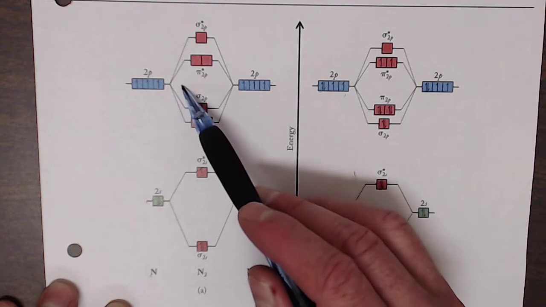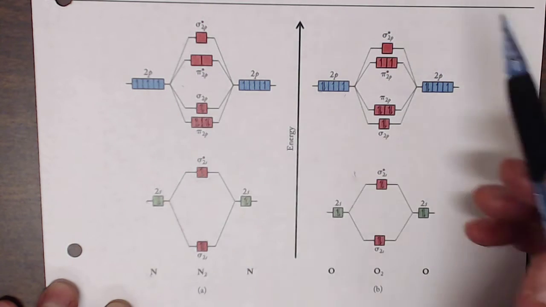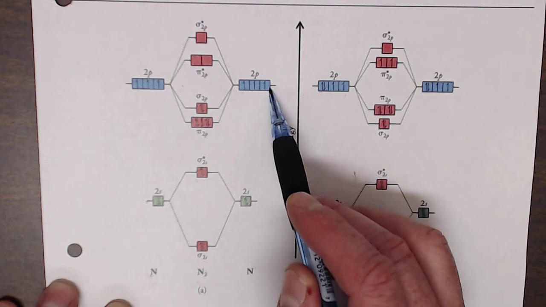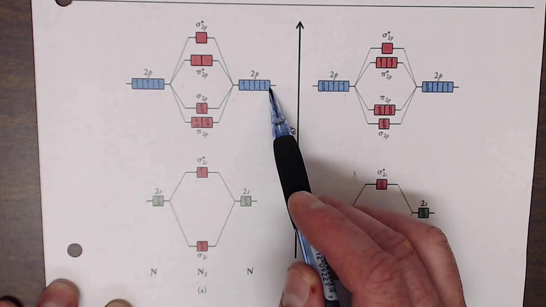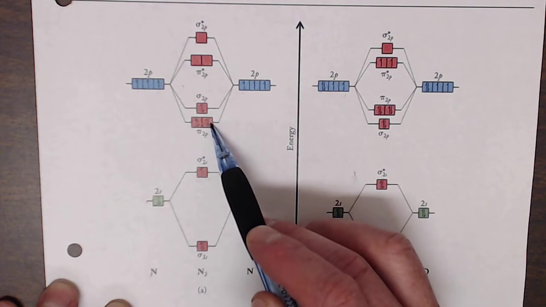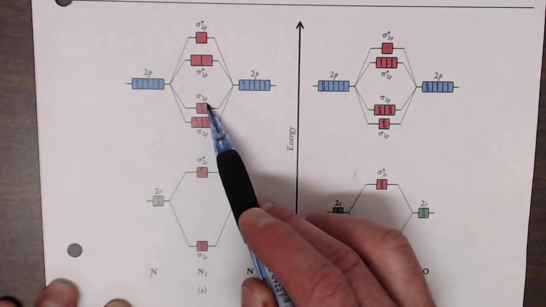So these are all filled up and don't contribute to bonding. But now if I look at what's going on over here at the 2p level, I have 1, 2, 3, 4, 5, 6 electrons to populate on this diagram, and they get filled in as 1, 2, 3, 4, 5, 6.